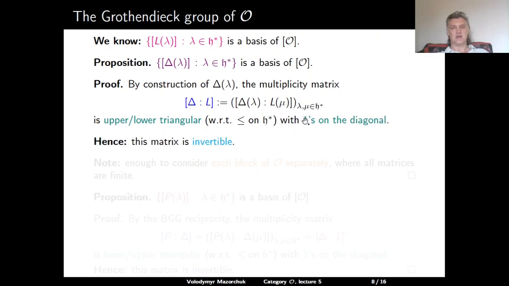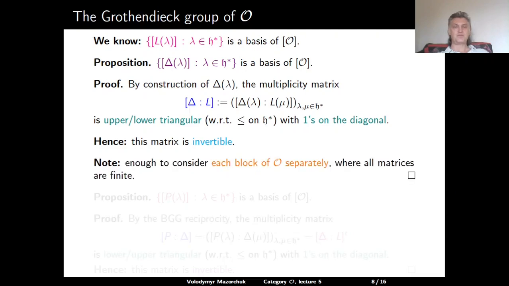So in particular, this matrix is invertible, and hence the classes of Verma modules also form a basis in the Grothendieck group of category O. We also know that because of our direct sum decomposition, we can consider this claim for each of the indecomposable blocks of O separately, or for each of the central character blocks of category O separately.